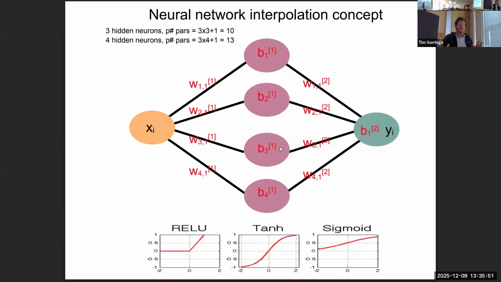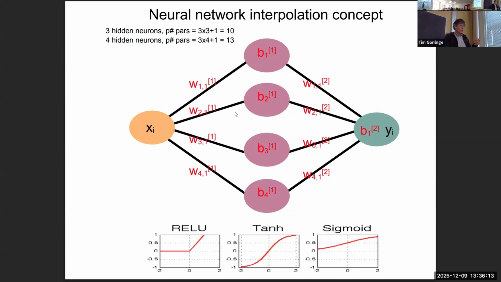One way of thinking about the neural network that's analogous to how we thought about the spline or the polynomial is that each neuron here is a function. It's actually a non-linear function. Typical functions are pictured down here.